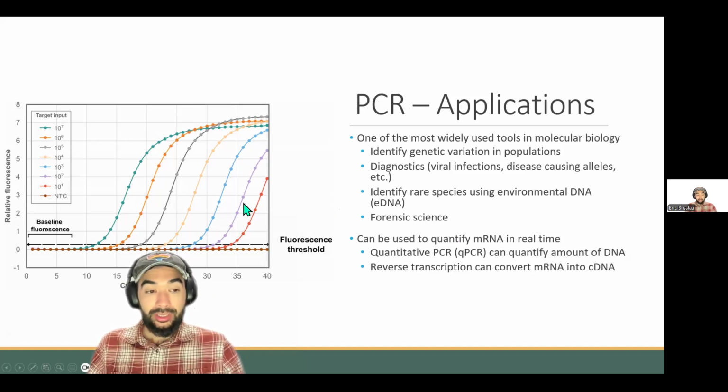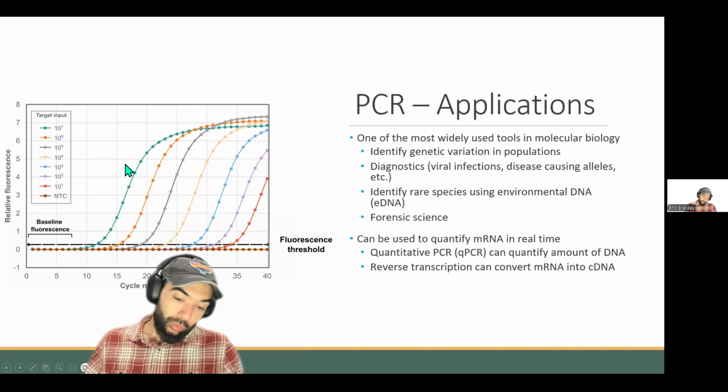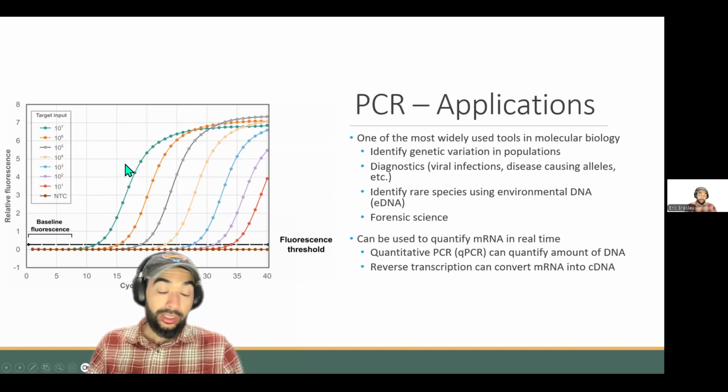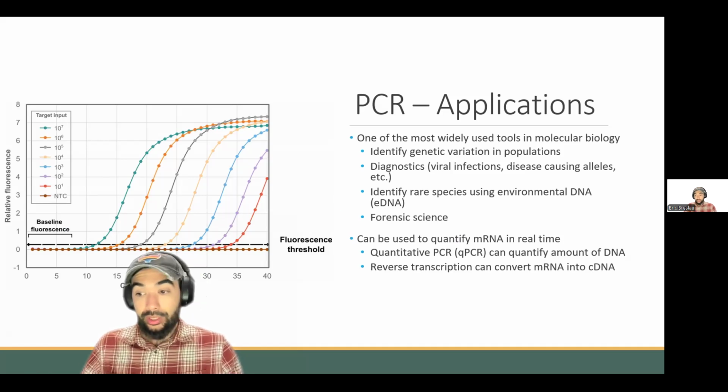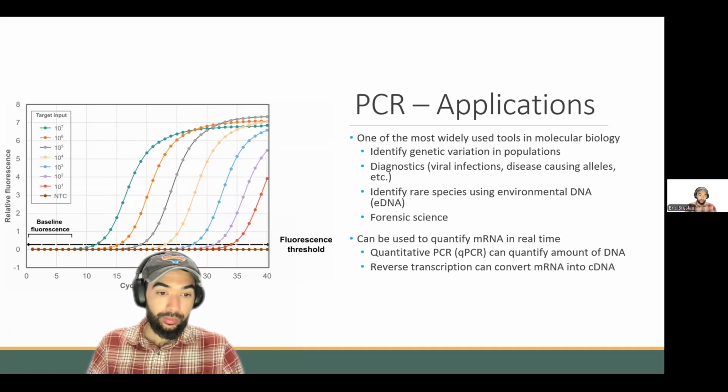What reverse transcriptase does is it converts mRNA or RNA into DNA. And so what we can do is we can take a sample of an organism, isolate the RNA, the mRNA, add the reverse transcriptase, and create cDNA, complementary DNA to those mRNA sequences. Then we run those cDNA through PCR.